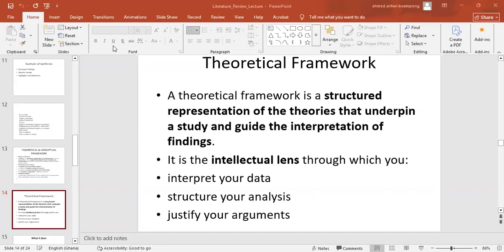It shows which theories you are using and explains how those theories shape your analysis. It is the intellectual lens through which you interpret your data, in which you structure your analysis, and which helps justify your arguments.